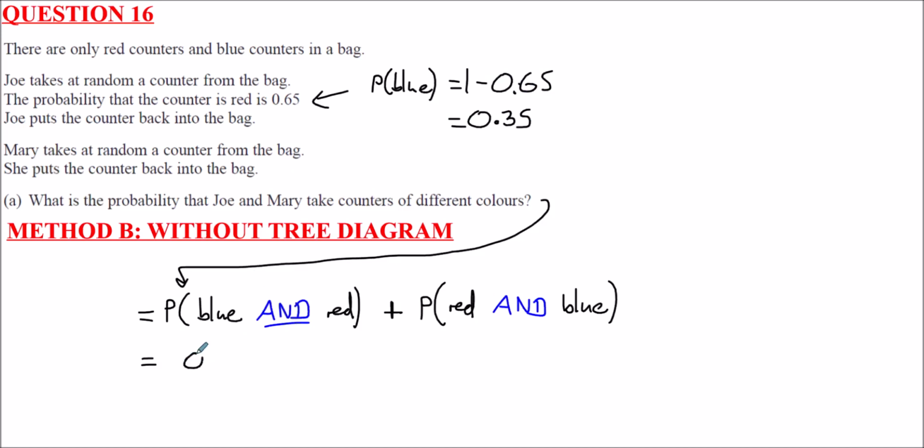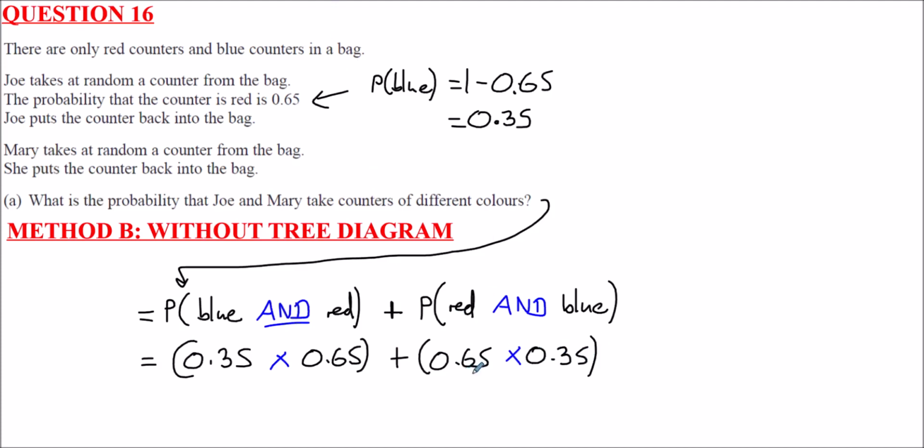So this is 0.35, and 'and' means multiply, so 0.65, and then the chance of it being red and then blue after is 0.65 multiplied by 0.35. The same calculation, just for the values in reverse order. So essentially, two lots of this bracket. And as we got from before, we'd still get 0.455, understandably.